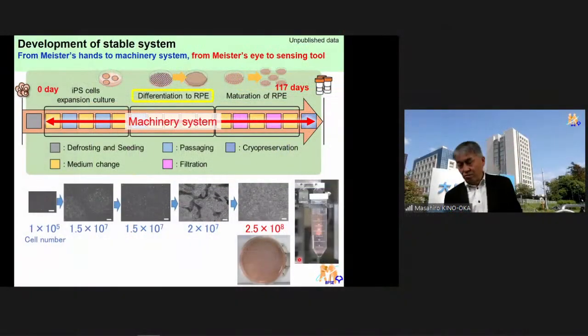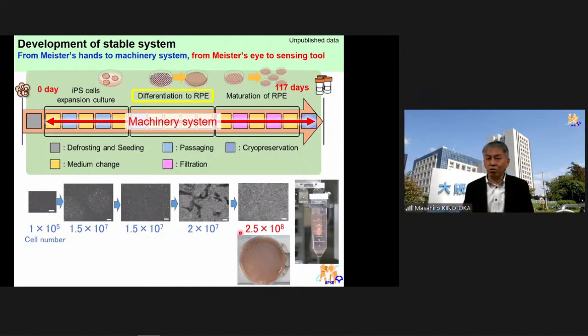So from the first, we obtain many cells. Practically, of these cells we only need 10 to 5 cells. So once starting the production, we can prepare for more than 1,000 patient eye transplantations.